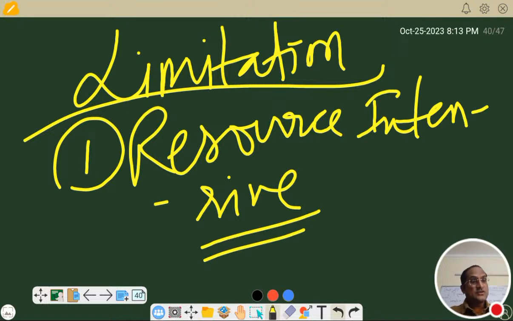Whenever observation is used, there will be cameras, there will be people to observe, to record each and every activity, they will have to be alert. So lots of resources are used. It is not economic to conduct observation.